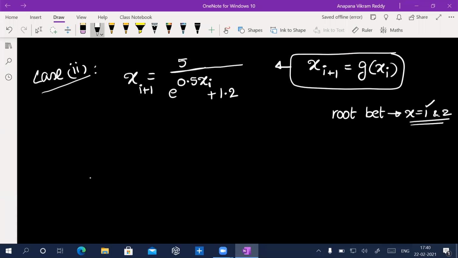If I take x equal to 1, then what is x i plus 1? Now I take x1 is equal to 5 by e power 0.5 times 1, plus 1.2, right?